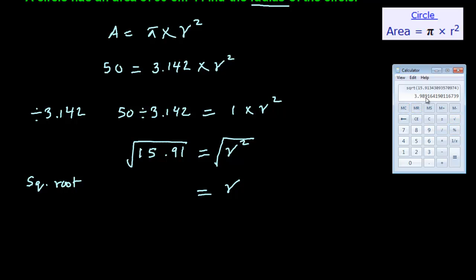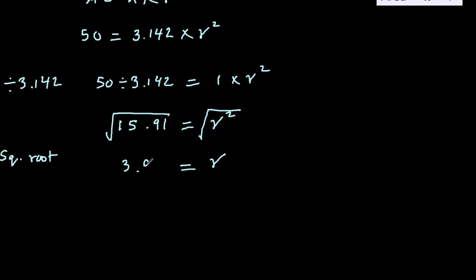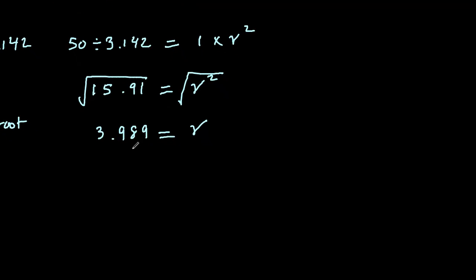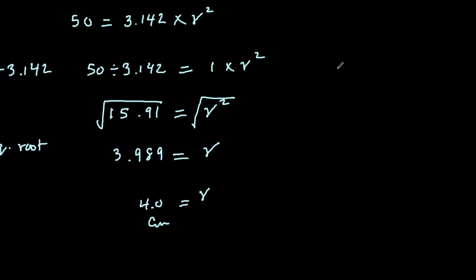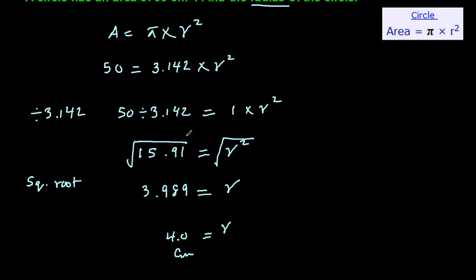It's 3.989, and if I round it to 1 decimal place, because we are dealing with centimeters, I will get 4.0. So my radius is approximately 4 centimeters, which will give me the area of 50 centimeters squared. So we had to work backward in this case.